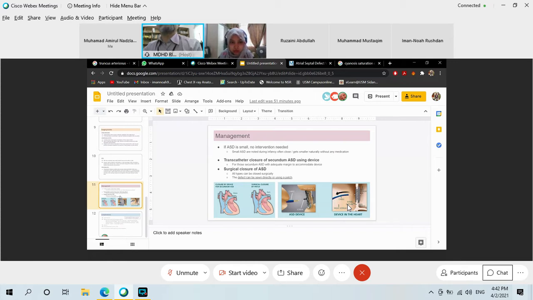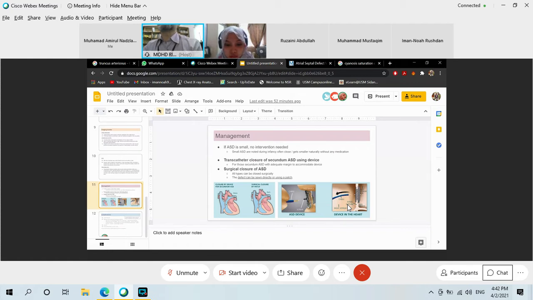IVC, daripada femoral vein, abdominal IVC masuk RA, you cross RA into the left atrium. Okay, you buka device ni, you buka the device and then you boleh nampak.